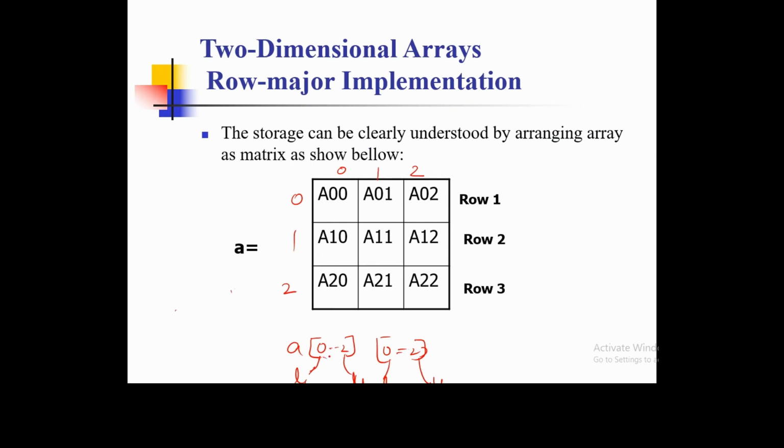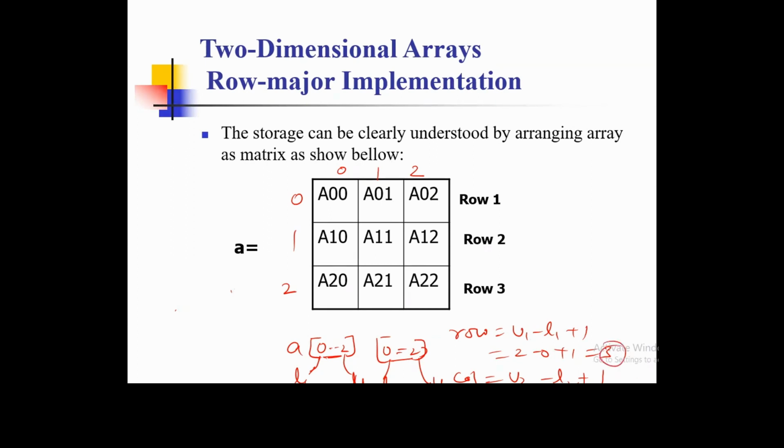If we want to find the number of elements in this, then number of rows equals U1 minus L1 plus 1, that is 2 minus 0 plus 1, which is 3. So the total number of rows is 3. In the same way, number of columns equals U2 minus L2 plus 1, that is 2 minus 0 plus 1, which is also 3.